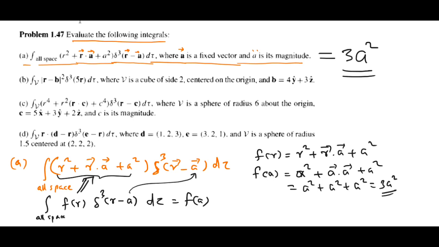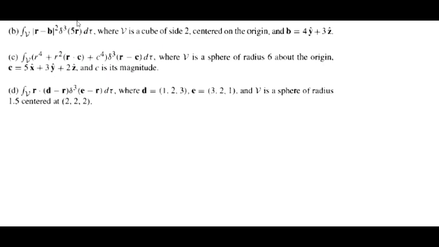Now let us come to the second question B. In the second question, the volume integral of r minus b whole square delta cube 5r d tau, where V is the whole space, that is nothing but a cube of side 2 centered on the origin, and b, the bolded one, is a vector quantity.